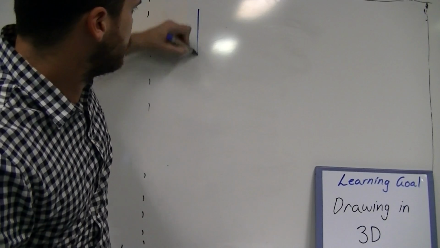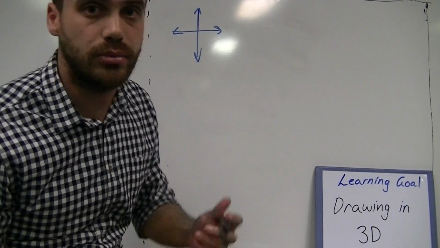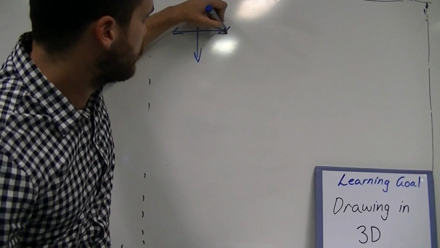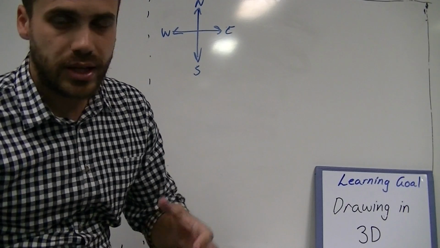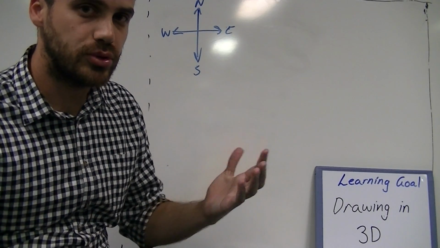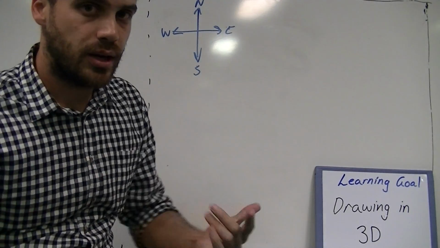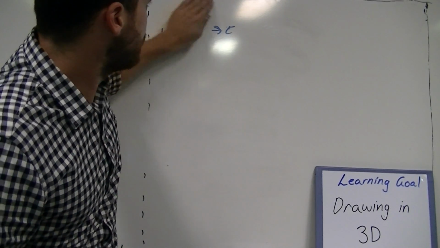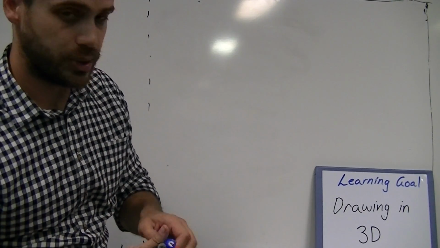Now normally you would do something in 2 dimensions at least when we talk about bearings. You'd have north, east, south and west like that. Now that's not going to work because you need to also accommodate an up and down. So what we're going to do instead is the following.